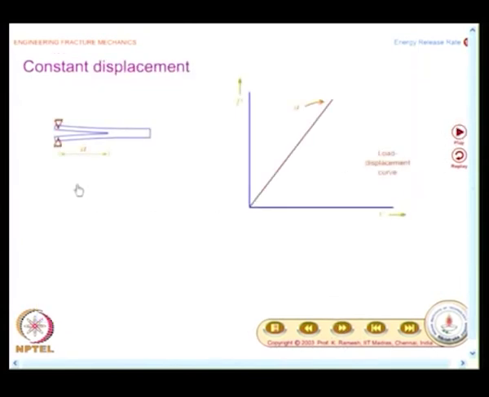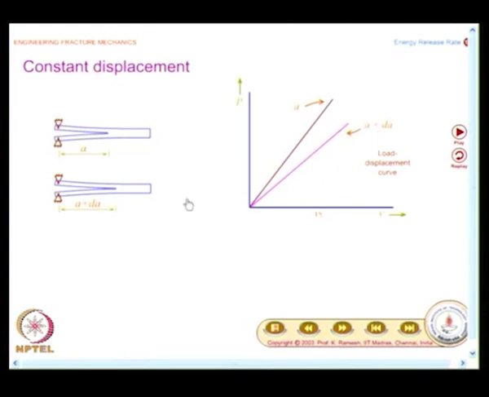Here again I take a problem very similar to the earlier one. It is put under fixed grips, and when you get the P versus V, I will get a graph like this. Suppose the crack is longer than that, I would have a graph which is below this. This is the load displacement graph for A plus dA.